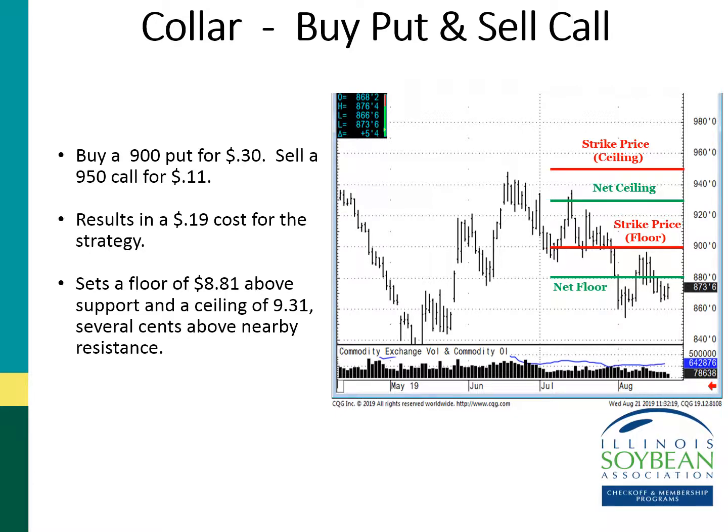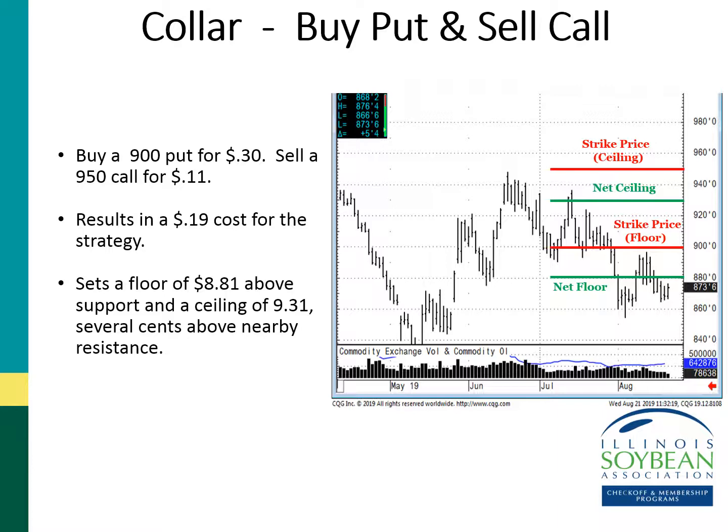You can see here our strike price, the put price, is $9. That's where the floor is. And we're going to sell a $9.50 call for 11 cents. So our strike price ceiling is at $9.50. That results in a 19-cent cost for the strategy. So rather than just paying 30 cents for the put, we get 11 cents of it back. But then that gives us a true net ceiling here of $9.31.